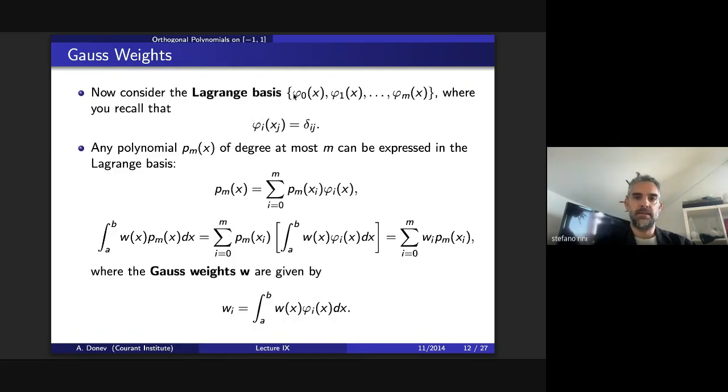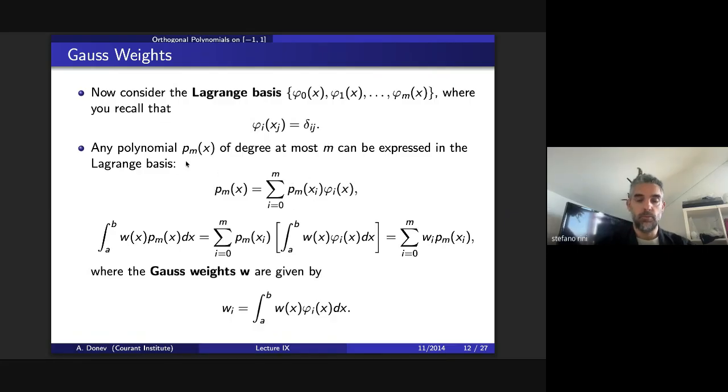And let's say that we have this psi 0 all the way to psi m, and they are a delta function, right? So if we put the psi i into the xj, we're going to get a delta ij, because this function is a discrete delta function over these m support points. So okay, any polynomial of degree pm.